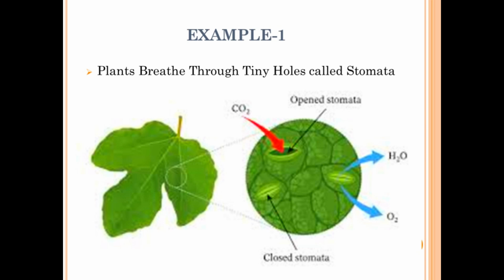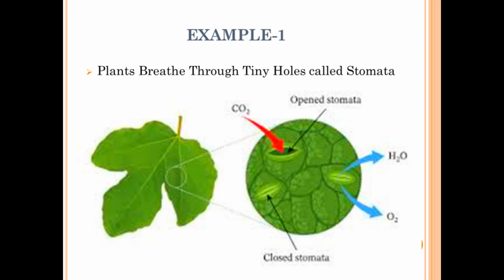When the stomata is open, the plant leaf absorbs carbon dioxide through this stomata and prepares its own food, whereas it exhales water vapors and oxygen gas.